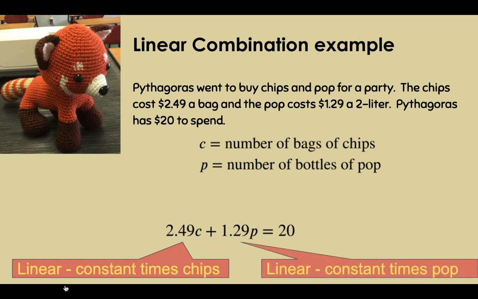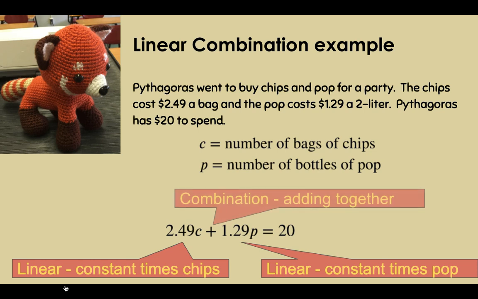For the pop, $1.29P. So how much you spend on pop is $1.29 times how many bottles of pop you buy. You add them together, there's your combination to get your $20. This is the idea of writing an equation with a linear combination. It's a common type of equation you have to write when doing story problems.